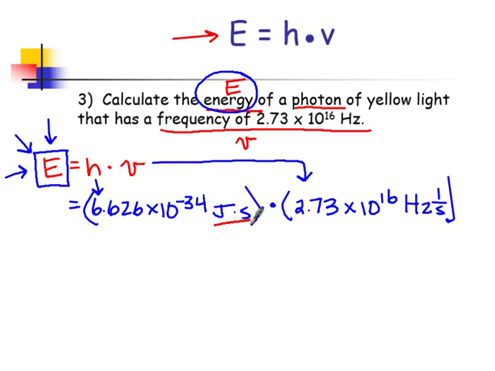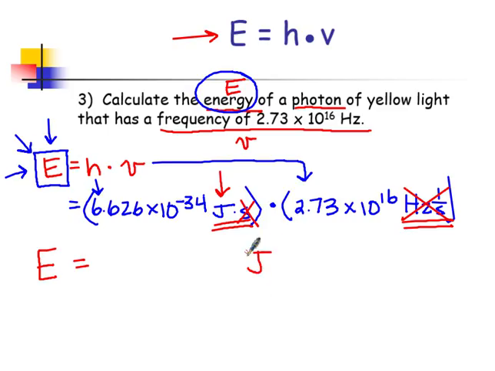So I take a look at my formula here and I look at my units. I've got JS and I've got 1 over S. So since seconds is in the numerator here and in the denominator here, including that hertz, seconds can cancel with all of that, leaving me with joules, which is a good thing because I'm about to solve for energy. Energy is always measured in joules.